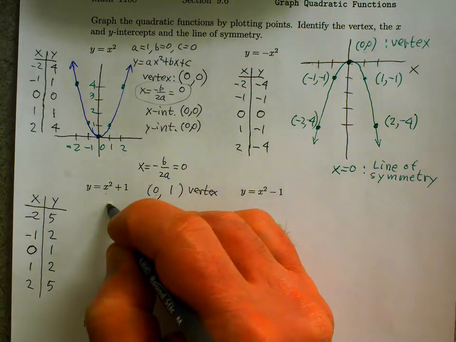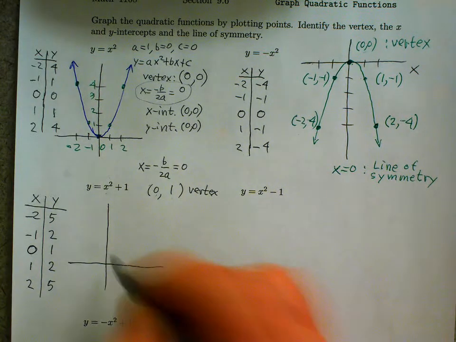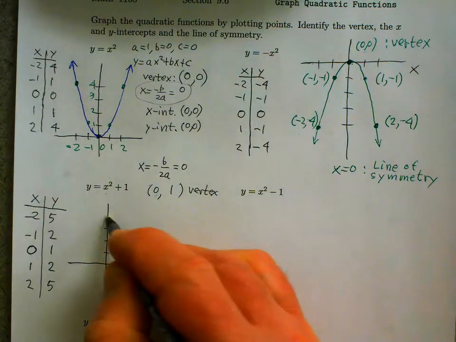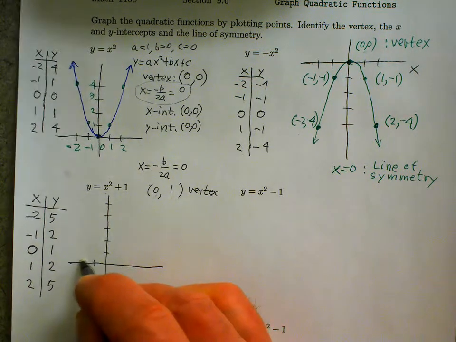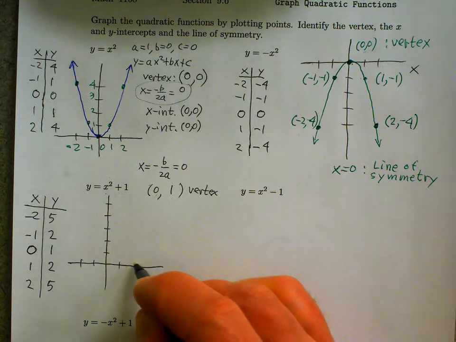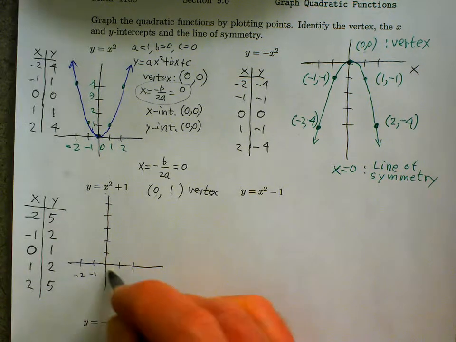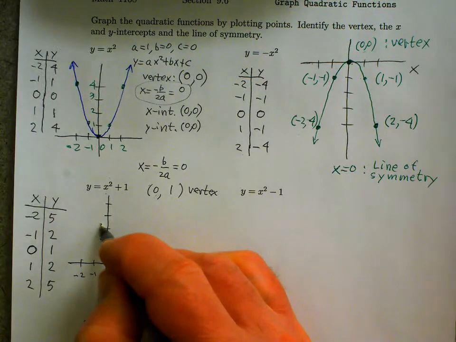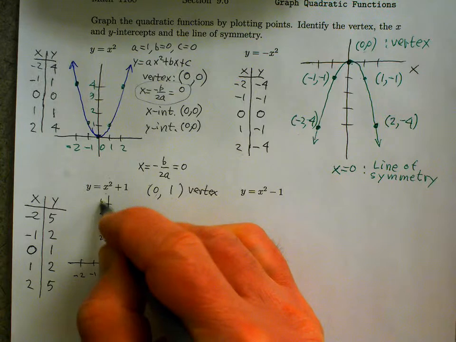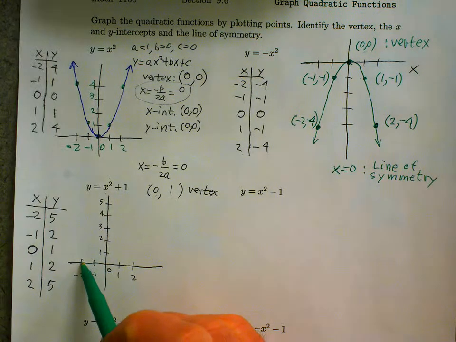So if we plot those points, we can at least give a reasonably accurate graph of the parabola. The ordered pair negative 2, 5.